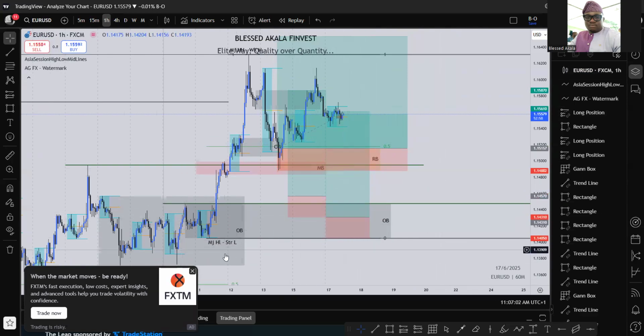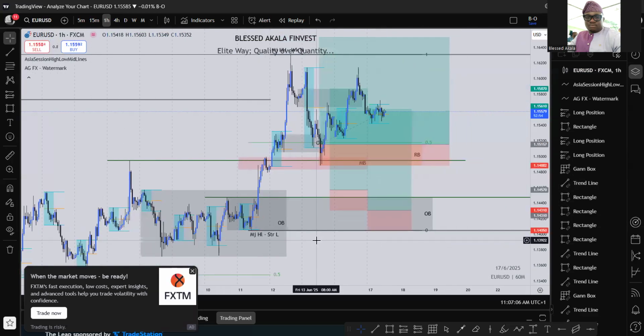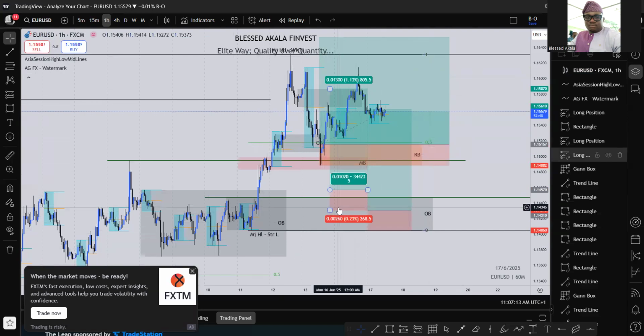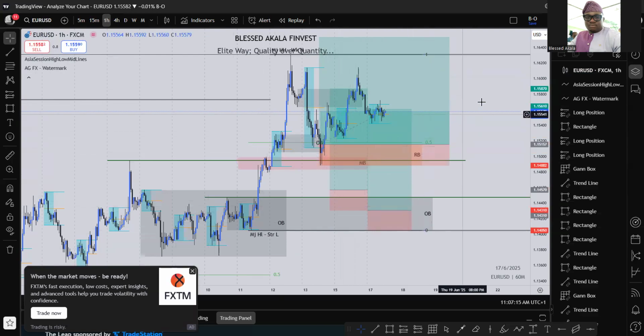And if all of them are taken out, then we have this level to recover all our losses, no matter what. But anything can happen in the market. You just have to be open to the best.